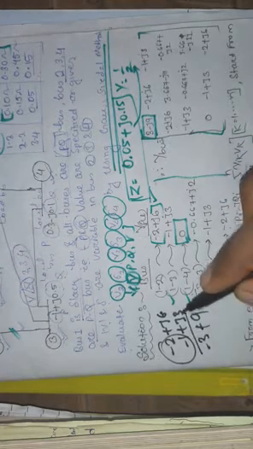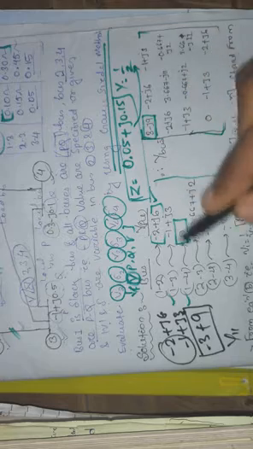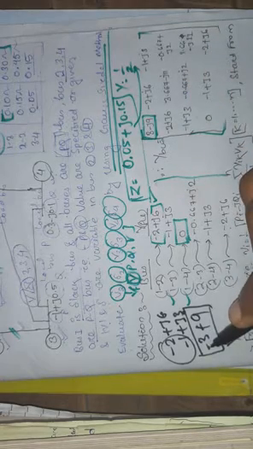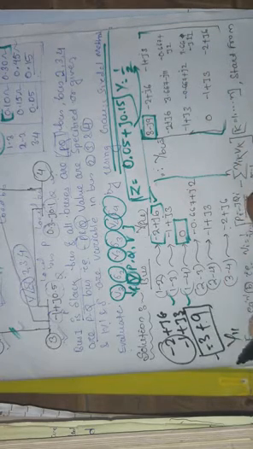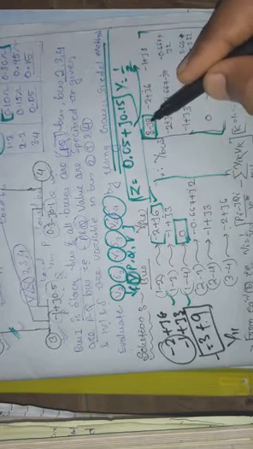So -3 plus j9 is your admittance Y11. But here we are not taking -3 plus j9. Why? Because of the minus multiplication. So that is 3 minus j9.